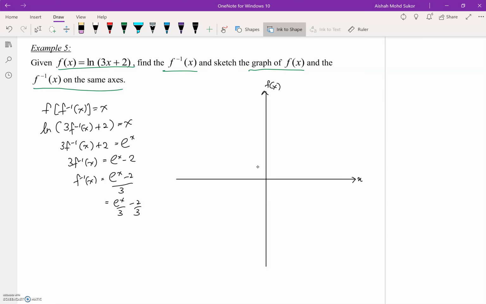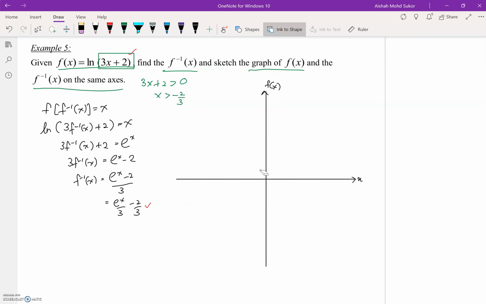You can choose either to sketch the graph of the natural log function or the exponential function. So in this question, I chose to sketch the ln function. F(x) exists when 3x plus 2 is greater than 0. So x must be greater than -2 over 3.